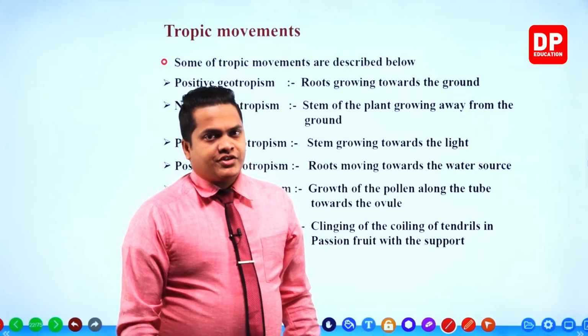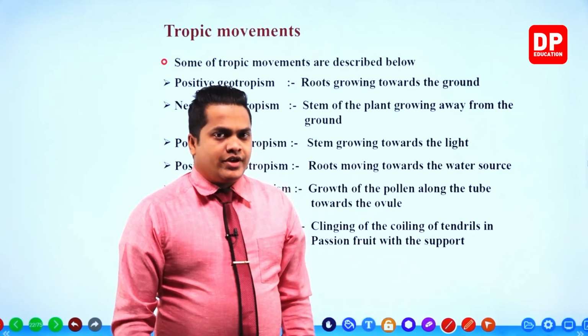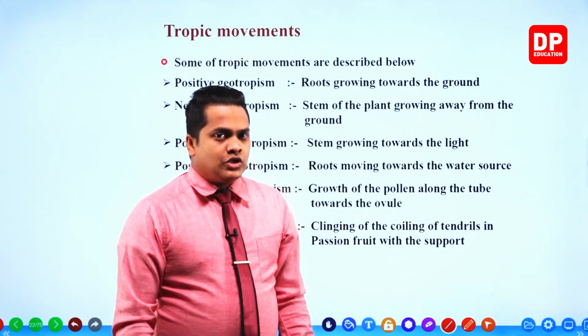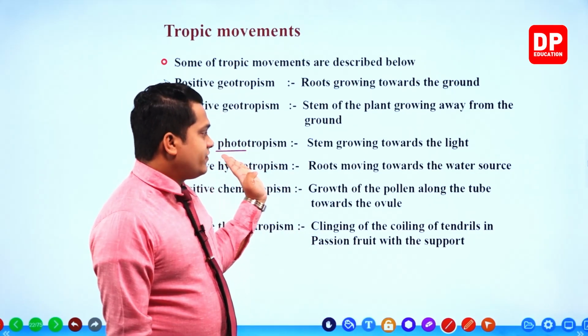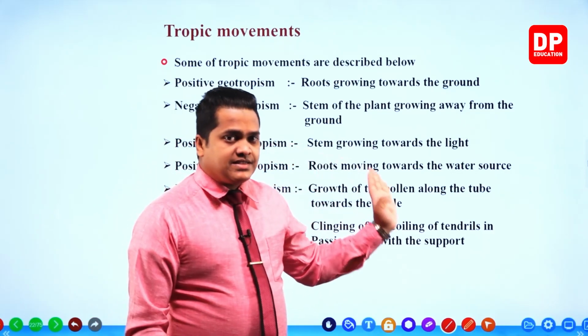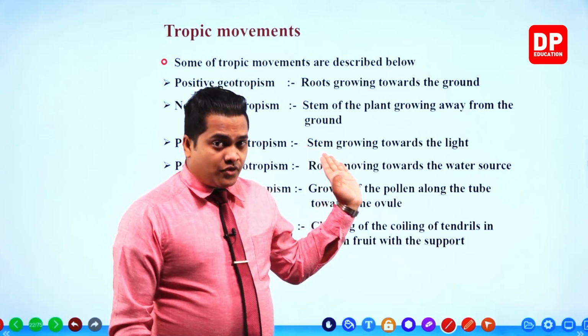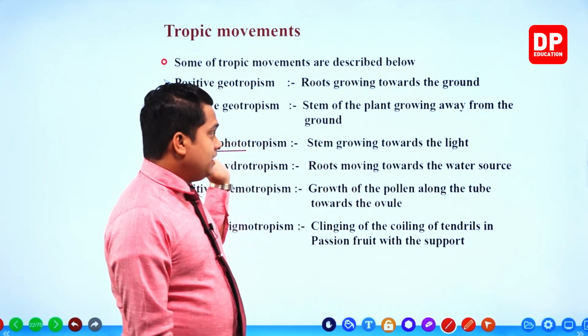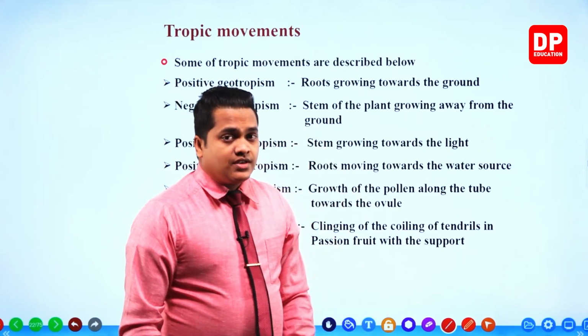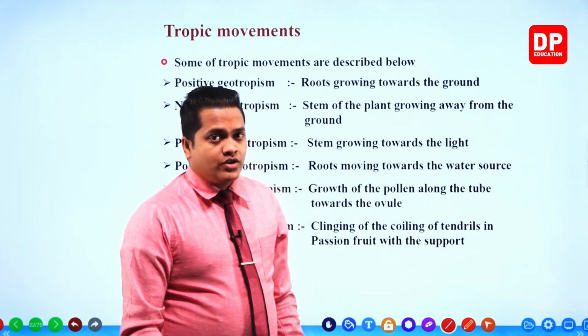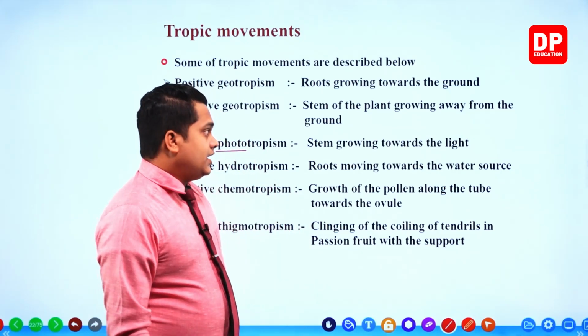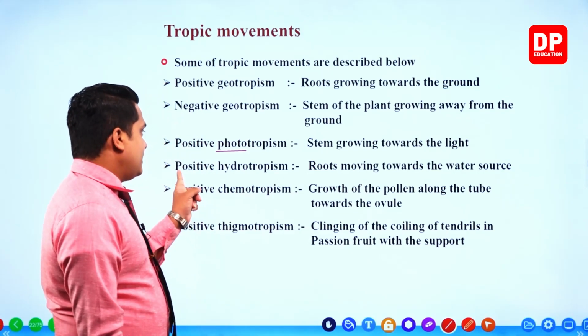So this is called positive phototropism. The example for positive phototropism is the stem growing towards the light.